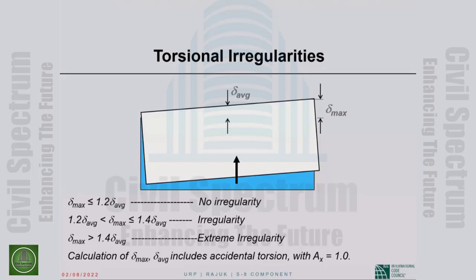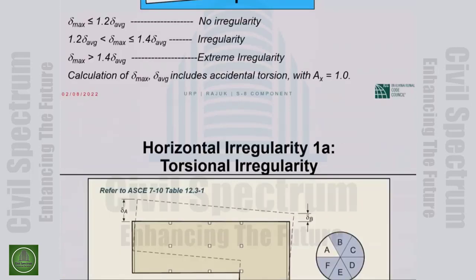If the delta maximum is larger than 140% of delta average, we have extreme torsional irregularity. So we have defined torsional irregularity 1A and extreme torsional irregularity 1B with this one picture. Up to 1.2, no irregularity. Between 1.2 and 1.4, we have type 1A. Above 1.4, we have type 1B.